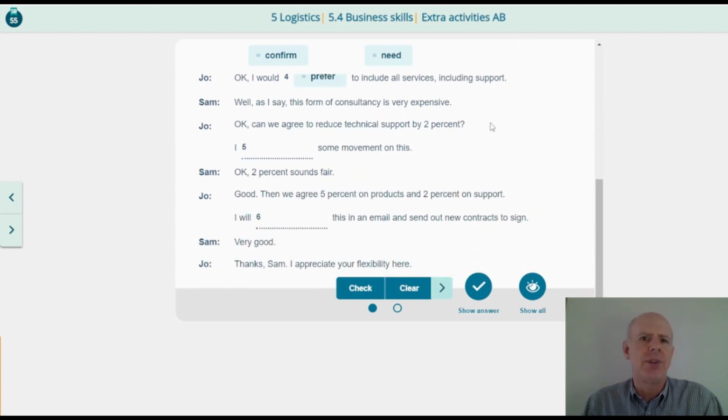Okay, she wants everything, right? But Sam was prepared and could say that it was very expensive. Okay, can we agree to reduce technical support by 2%? Some movement on this. I confirm or I need.